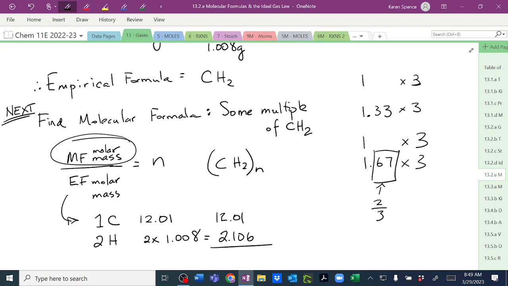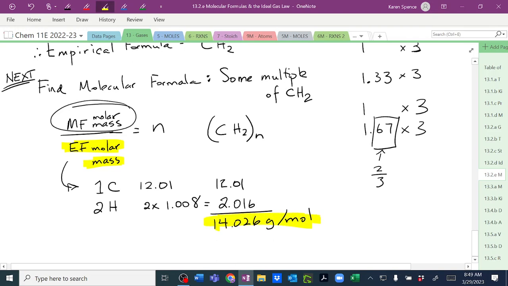That's not right. 2 times 1.008 equals 2.016. That looks better. 2.016 plus 12.01, and we get 14.026 grams per mole. So that is the empirical formula molar mass, right there.